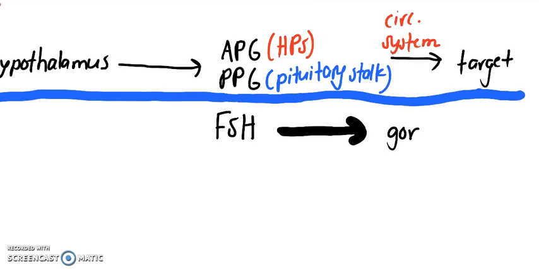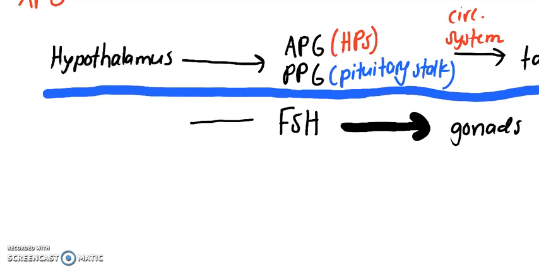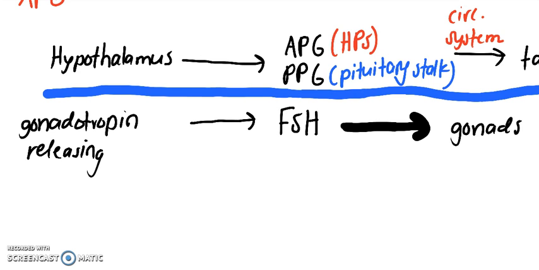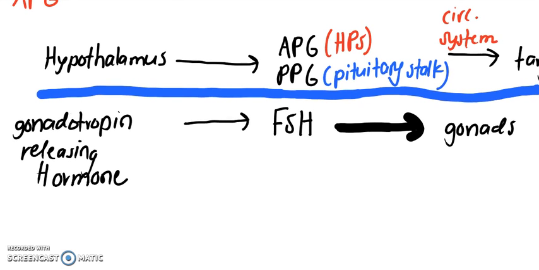This goes to the gonads. This will help us figure out the name for the command from the hypothalamus. Its command is actually called gonadotropin. So there's that word gonad. Gonadotropin releasing hormone. Okay, so you see this word gonad, that's the release command, because eventually it's going to reach the gonads.